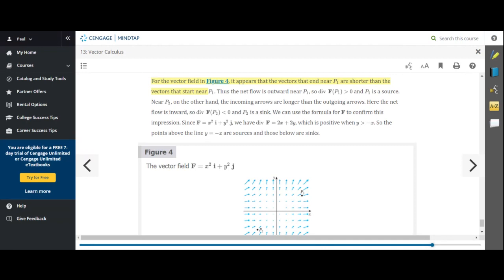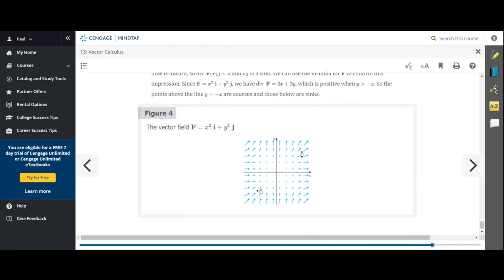On the other hand, if you look at the point P2, think about the vectors flowing in towards P2, and then the vectors flowing out from P2. Is the net flow inward or outward? The net flows inward.